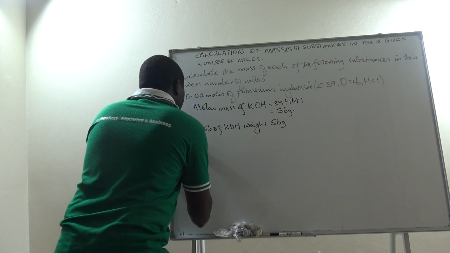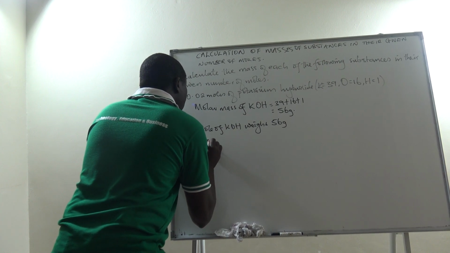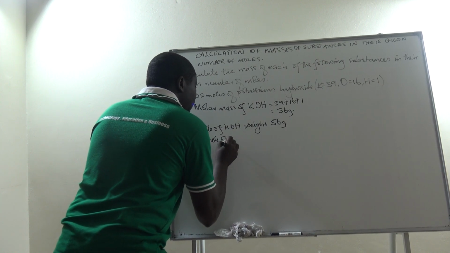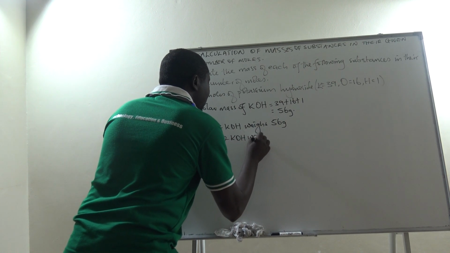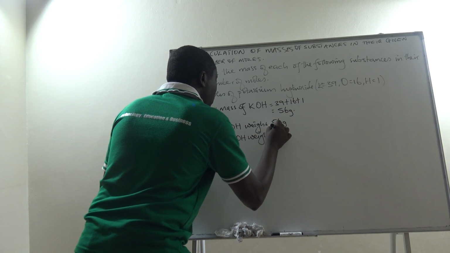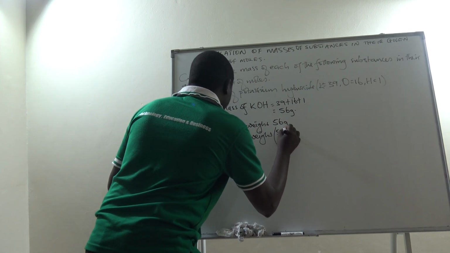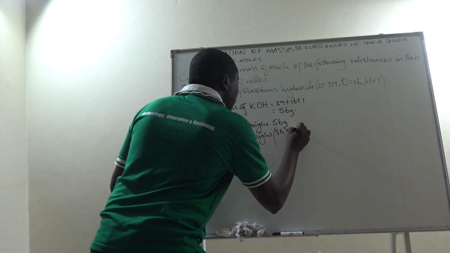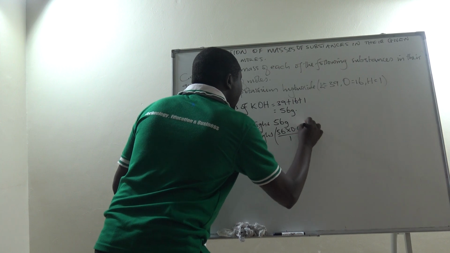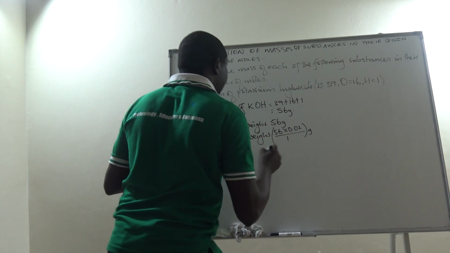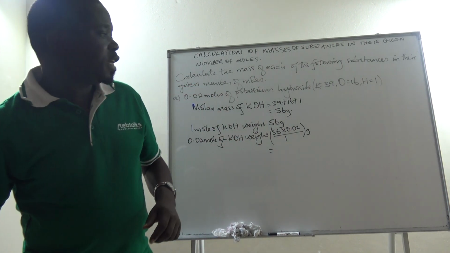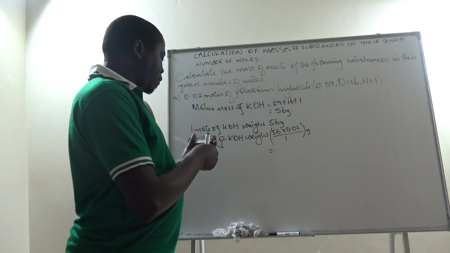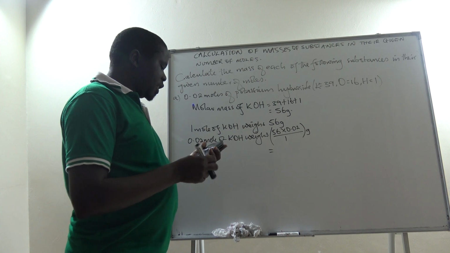And then what of the 0.02 mole of potassium hydroxide? It weighs, we cross multiply 56 times 0.02 and we divide by 1. The unit is grams. Let us get the mass of potassium hydroxide in 0.02 moles of potassium hydroxide.